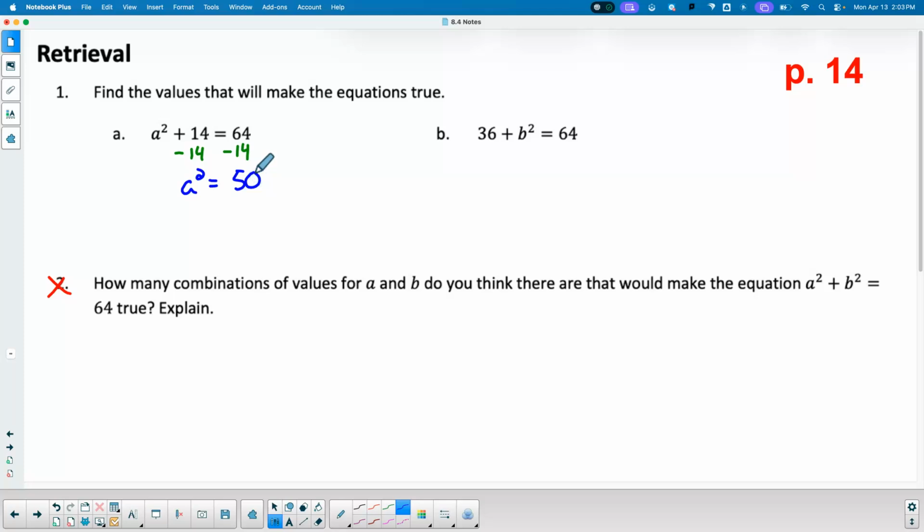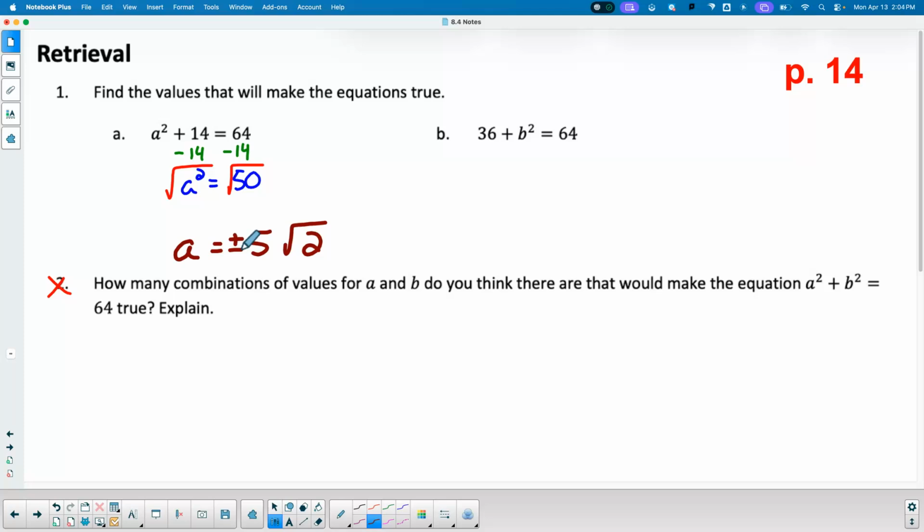Okay? Do I have A by itself yet? Nope. So what do I have to do? Square root. Anybody know what the square root of 50 is? 5 square roots of 2. Yep. Now, in true math, because we introduced the square root, that means that we are adding a solution, so really this should be plus or minus 5 square roots of 2.